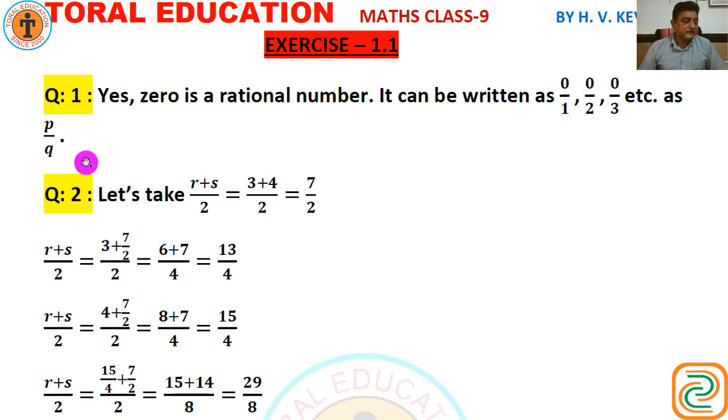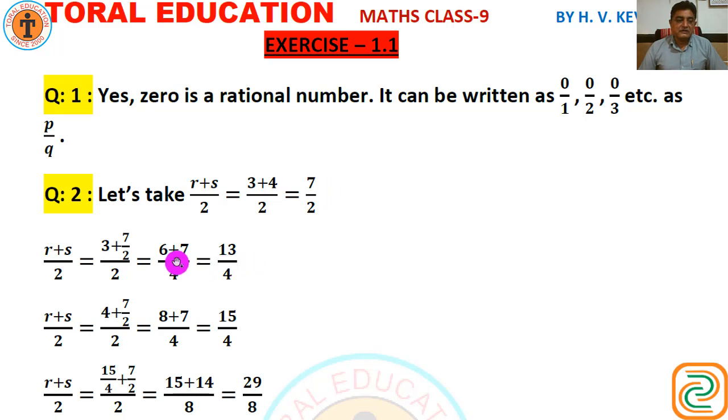Then the second question: find 6 rational numbers between 3 and 4. Let's take r plus s upon 2. R means 3, s means 4, upon 2, that is 7 upon 2. 3 plus 4, 7 upon 2.